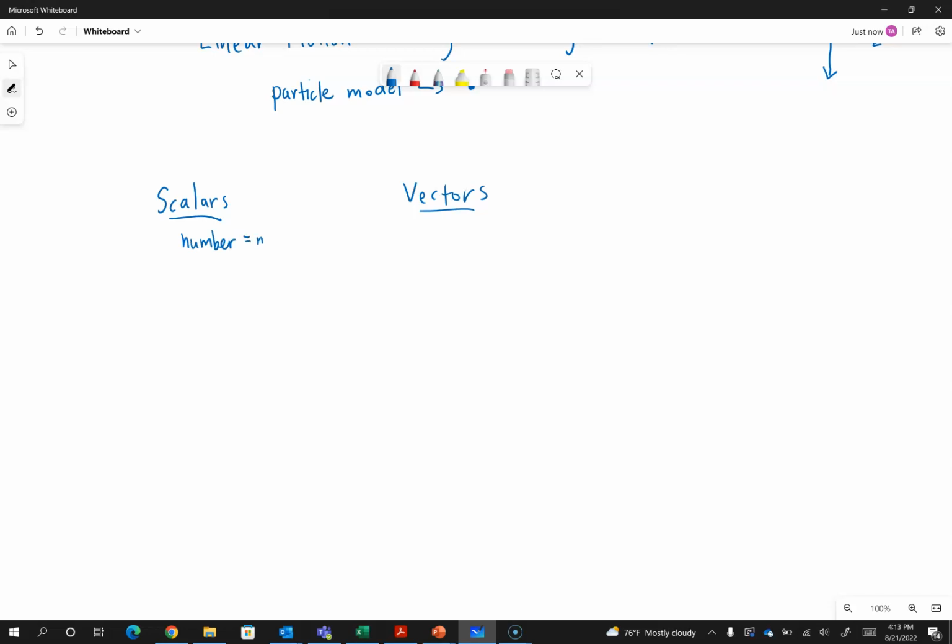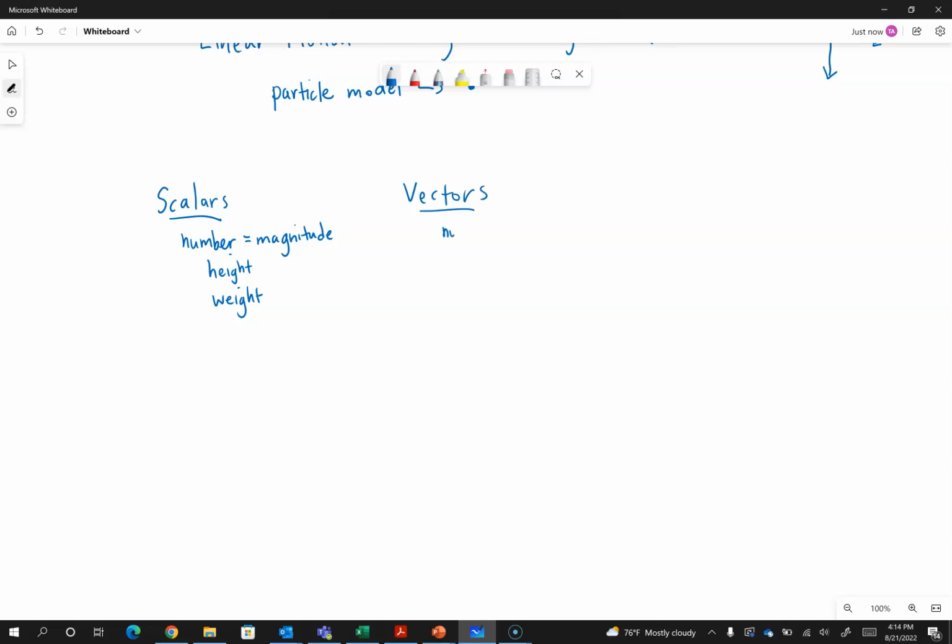We call this number the magnitude. Something like the height of a building or the height of a bridge. That is just a scalar. It's a number. Something like the weight of something, the weight of that pumpkin, the weight of that cantaloupe. Weight is just a number.